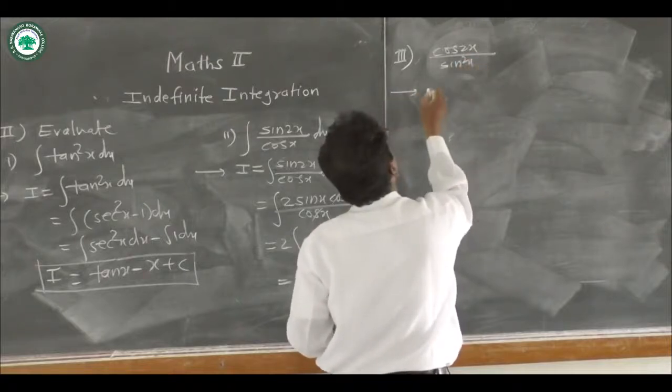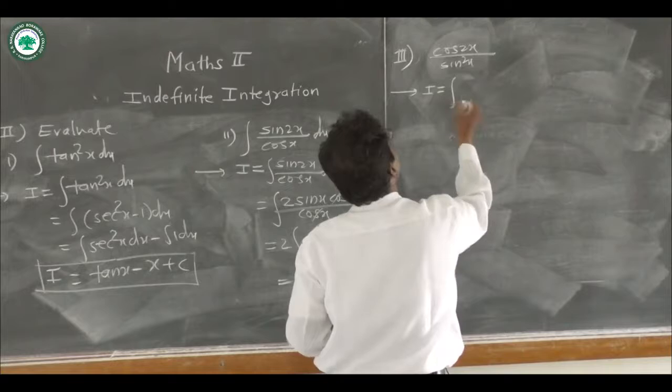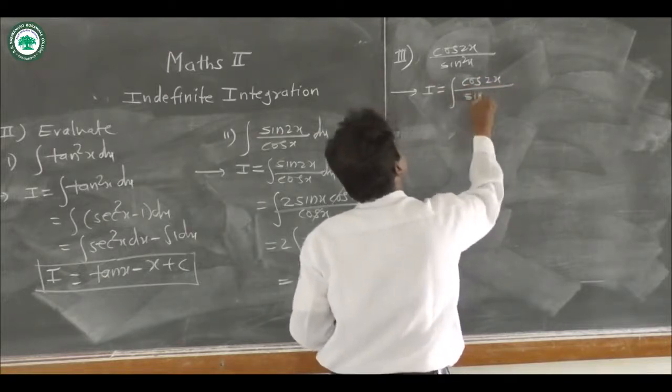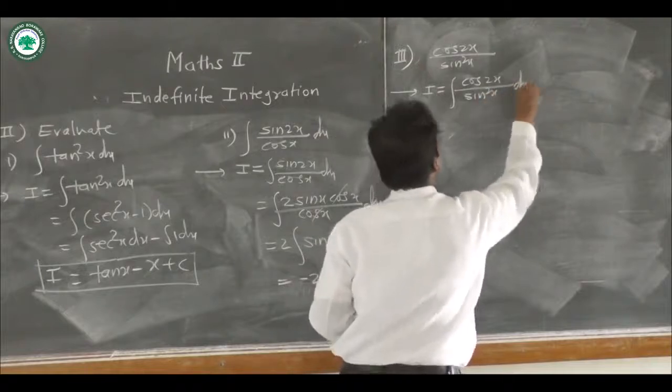Now let I be equal to integration of cos of 2x divided by sin square x dx.